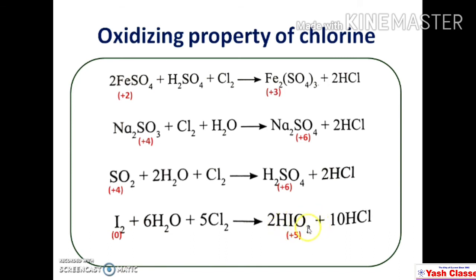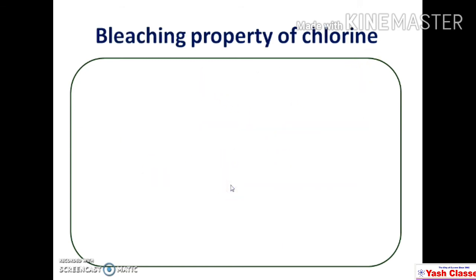In iodic acid, the oxidation state of iodine is +5. Again there is an increase in oxidation number. So there is an oxidation of iodine, and in this reaction chlorine acts as an oxidizing agent, itself undergoing reduction. So these various reactions prove that chlorine is an oxidizing agent.